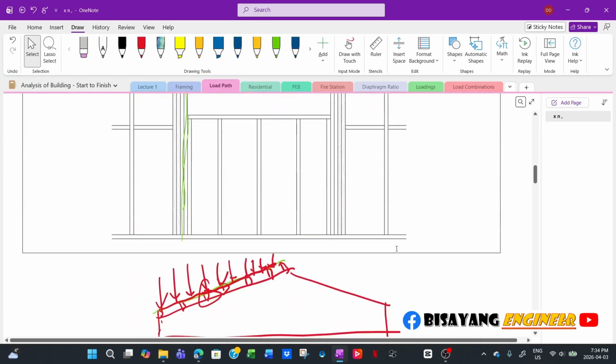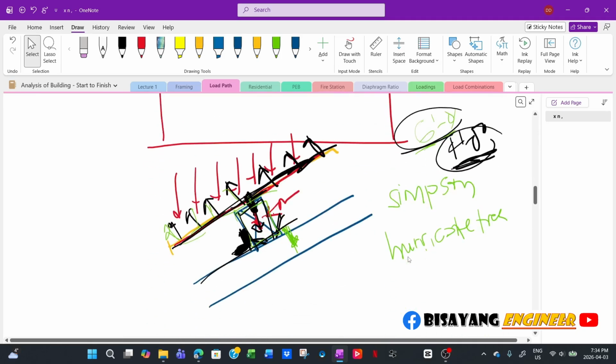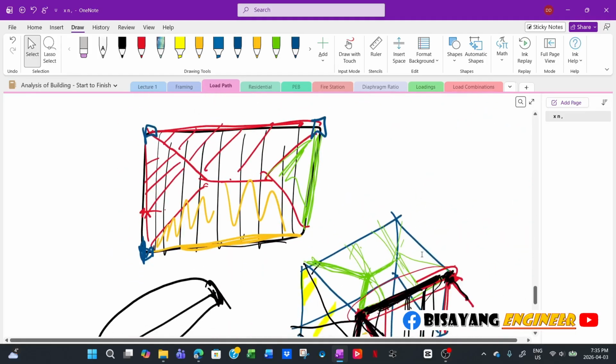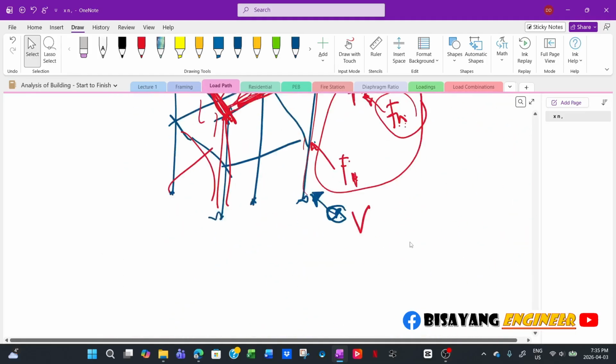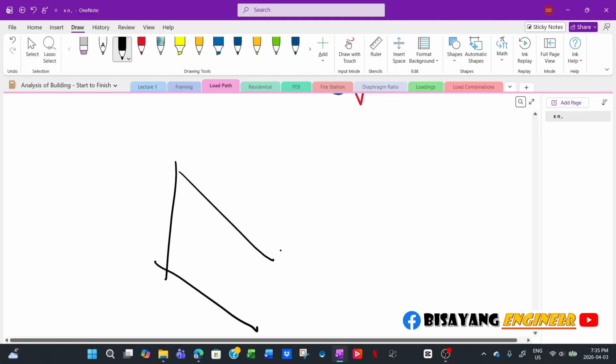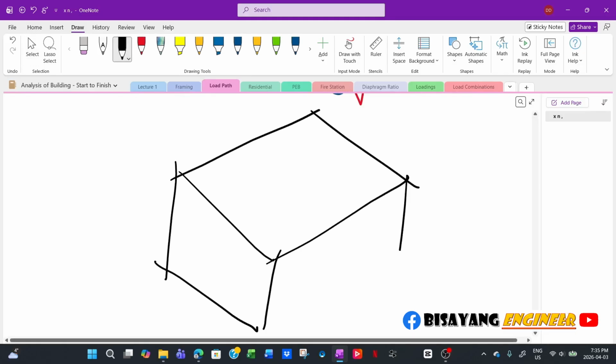So it's more of a loop. For example, we'll draw another. This is a basement wall, right? So you have lateral load acting right here.